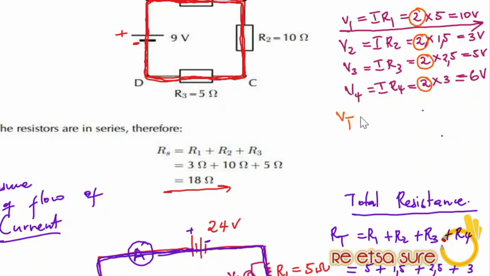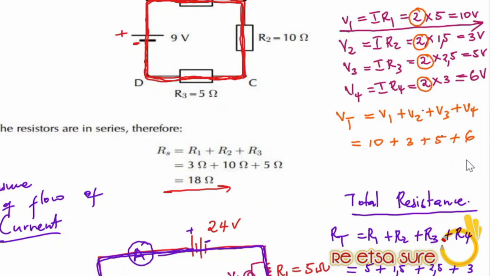Now let's check. V total is equal to V1 plus V2 plus V3 plus V4. And what is our V1? Our V1 is 10, plus what is our V2? Our V2 is 3, plus what is our V3? Our V3 is 5, plus what is our V4?